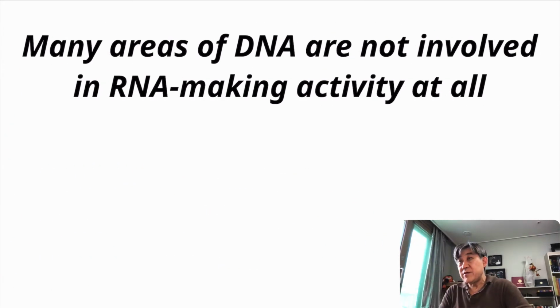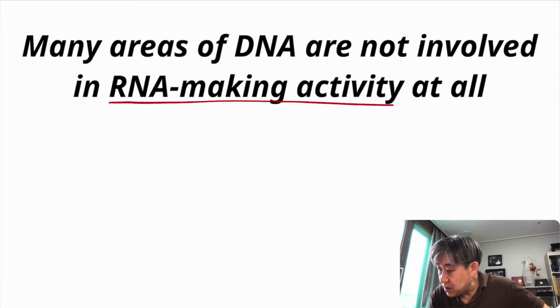So those types of RNA that were just mentioned are all produced from the areas of genes on the genome. But on the contrary, the majority of the DNA is not at all involved in RNA making activities. That means those areas are not genes, right?